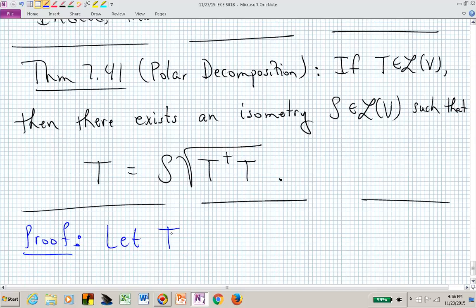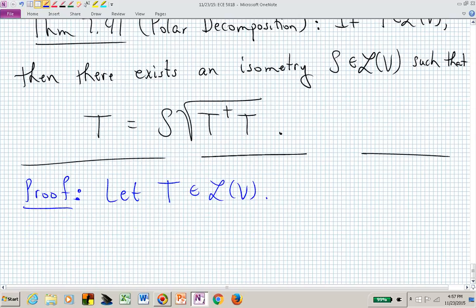First, let's start with T being a linear operator on V. If we pick any vector, little v in capital V, then if we looked at the norm squared of Tv, how have we learned to write or express that in terms of an inner product?